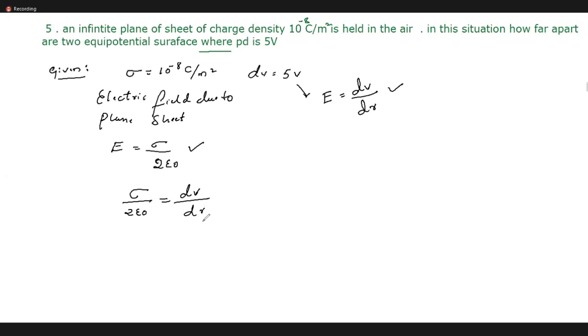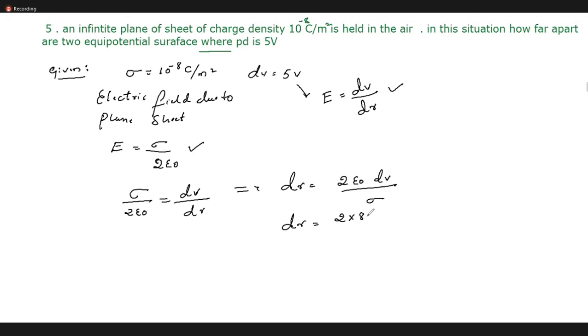Can you find dr? So dr equals 2 epsilon naught dV divided by sigma.